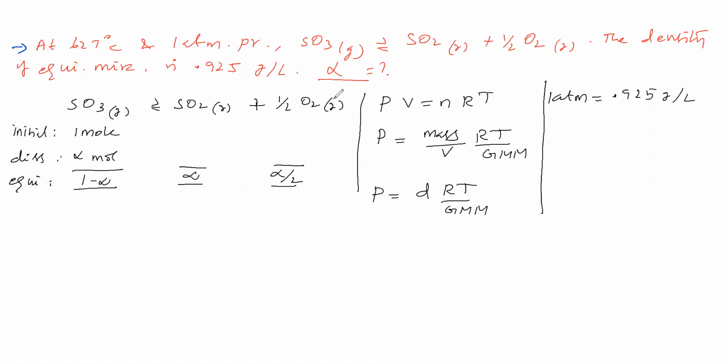How to find the degree of dissociation, that we will see now. This SO3 at equilibrium, what all is there, we know. We want only this alpha, therefore this we will consider at equilibrium.